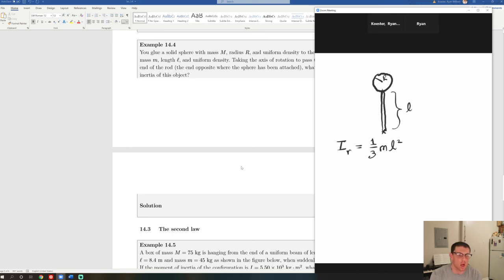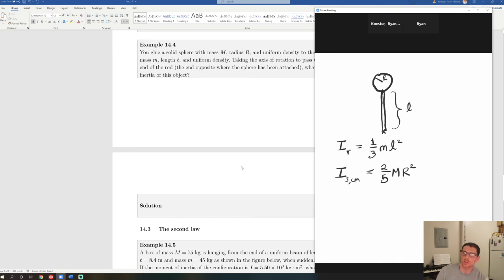And I said it was a solid sphere, right? So I will write that down. The moment of inertia of the sphere about its center of mass is 2/5 big M big R squared, right? And that just comes straight from the table.